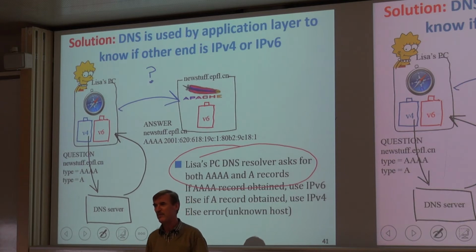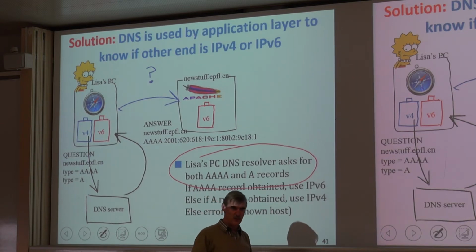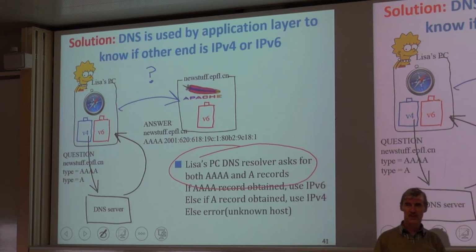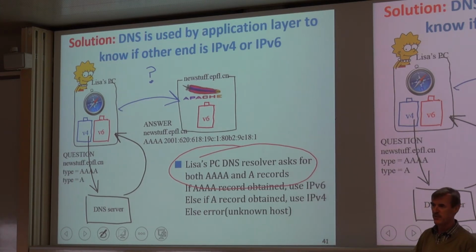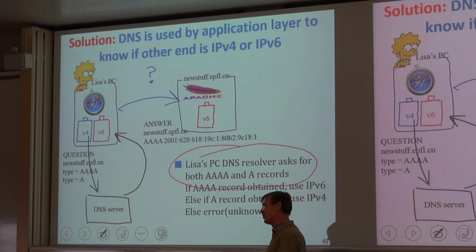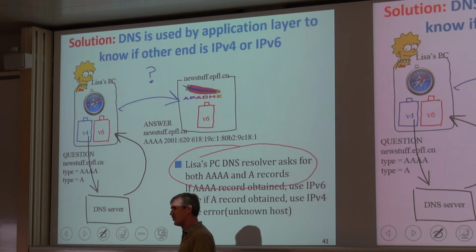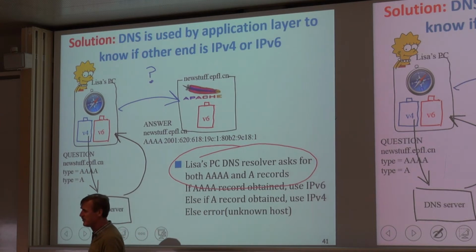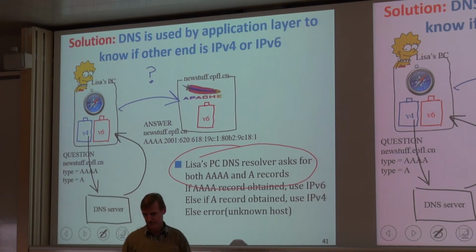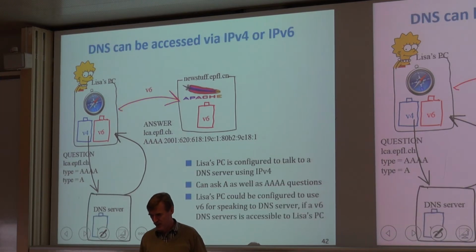So if EPFL DNS servers put an IPv6 address for machines that have no IPv6 connectivity, then people will try to connect with IPv6 and see it doesn't work. If the software, like Macintosh, is smart enough, it will try with IPv6 a number of times, see it doesn't work, then try with IPv4. So this is DNS that will solve the issue.